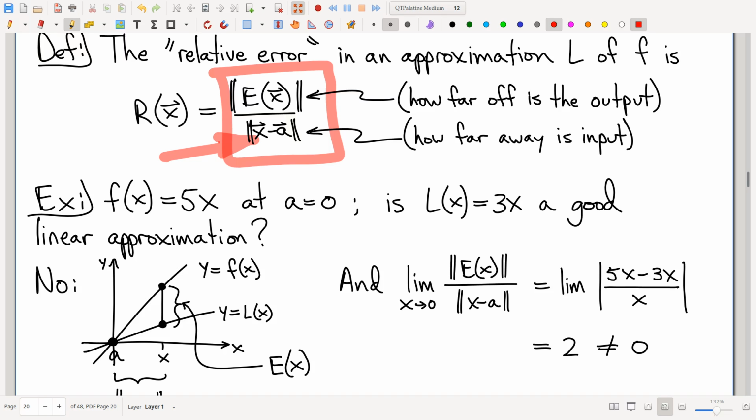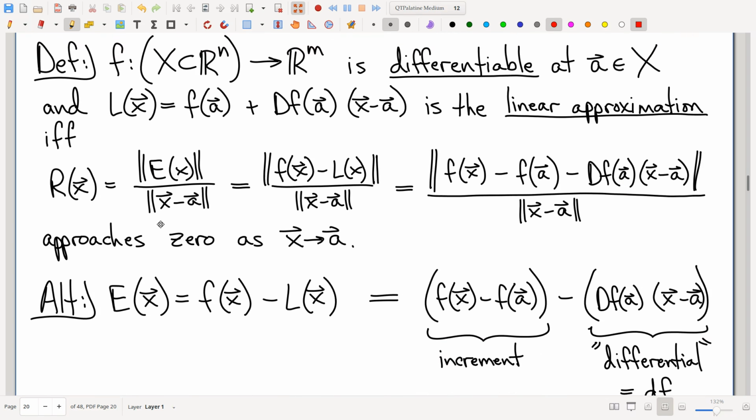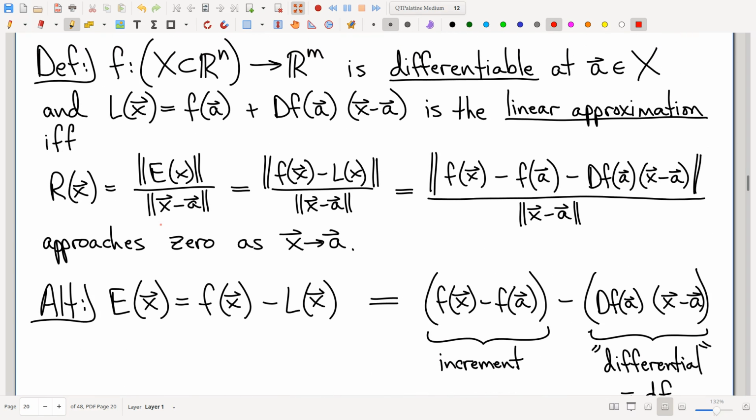So yeah. Okay, so what does this have to do with all of the scary-looking formalities here? And I think, in fact, even the way I've written it here is a little bit less scary than the way it looks in the book. And the answer is that's really all this is saying. This is saying relative error approaches 0.